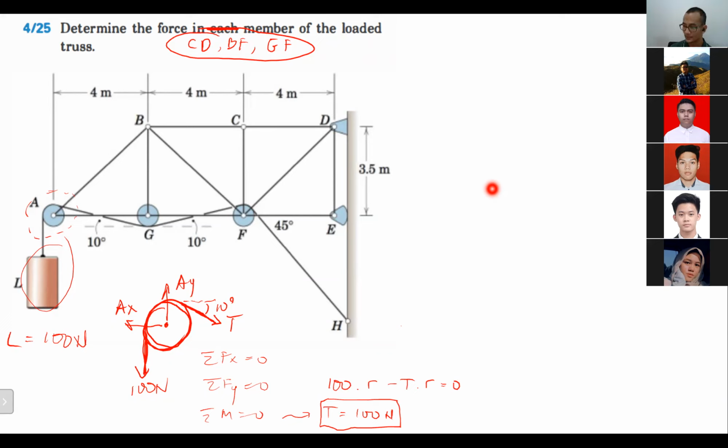Then using sigma Fx equal to 0, we have to list out all the x direction forces. The x direction forces that we have there are only Ax and T. But T there we have to multiply by cos 10 degrees.